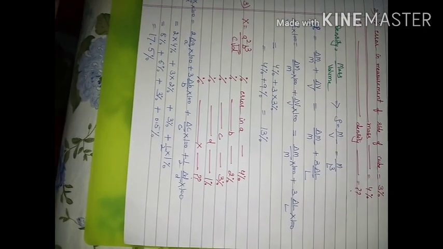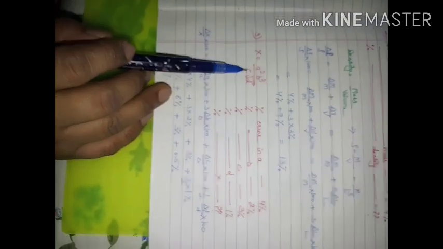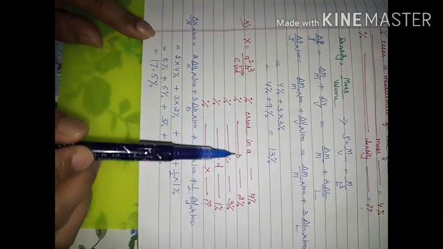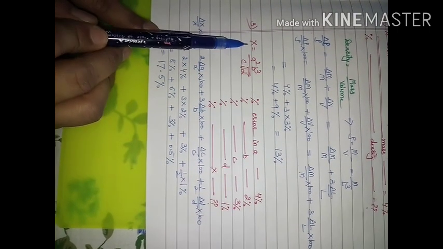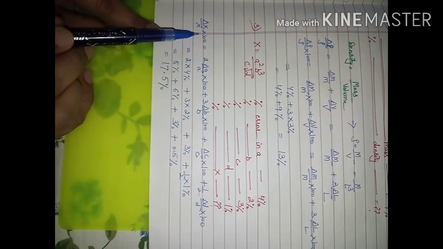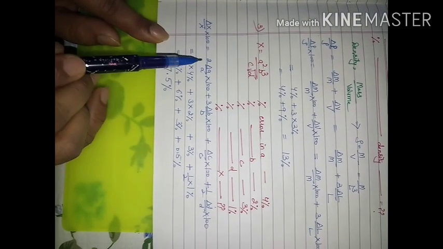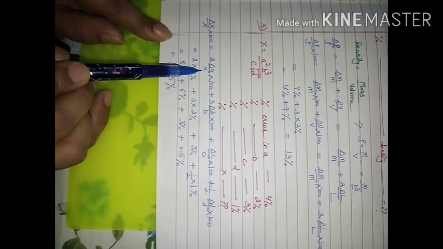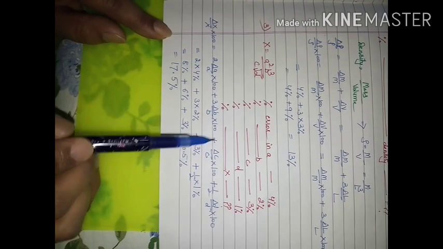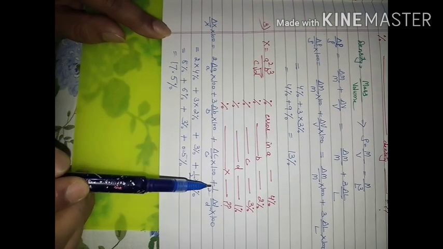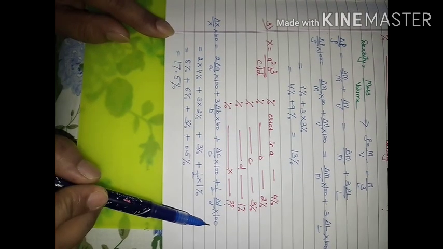When you solve it, you will get 13% percentage error in density. If a question like this is given to you, where an expression for X is given, and percentage errors in A, B, C, D are given, and it is asked to find the percentage error in X, you will write delta X upon X into 100 will be equal to, with power, 2 delta A upon A into 100 plus 3 delta B upon B into 100 plus delta C upon C into 100 plus half, because that is its power here, delta D upon D into 100.